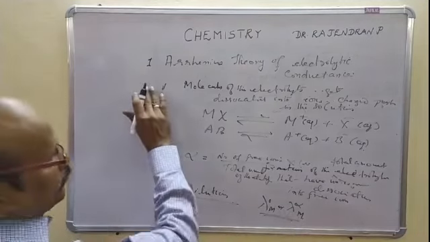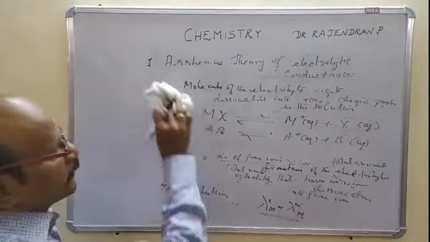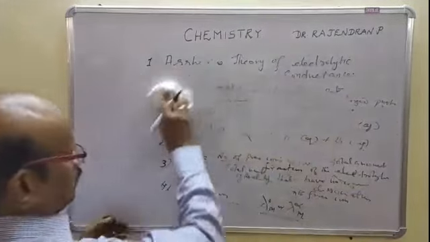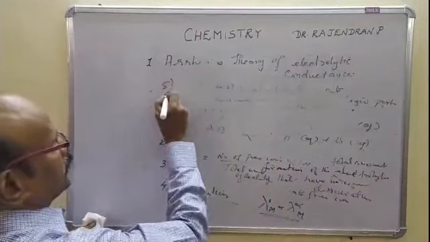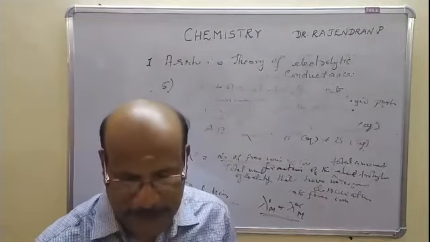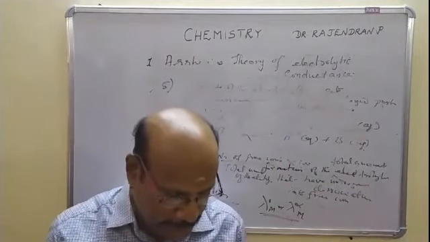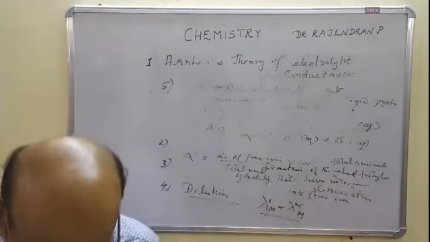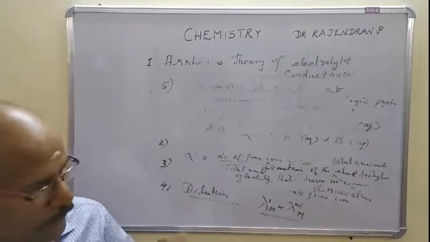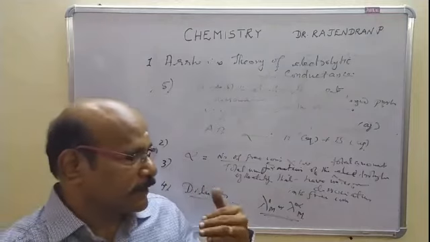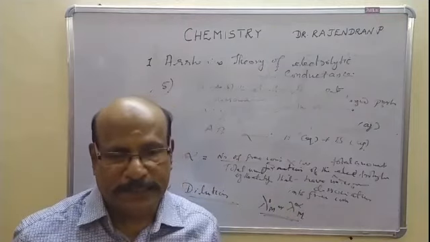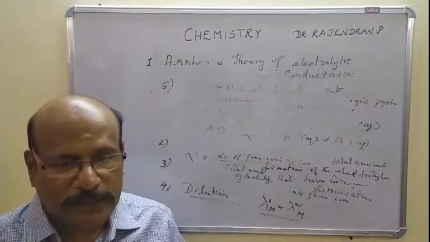Therefore, the fifth assumption is that the degree of dissociation is a very important quantity that will give you the conducting power of an electrolyte in terms of this lambda.